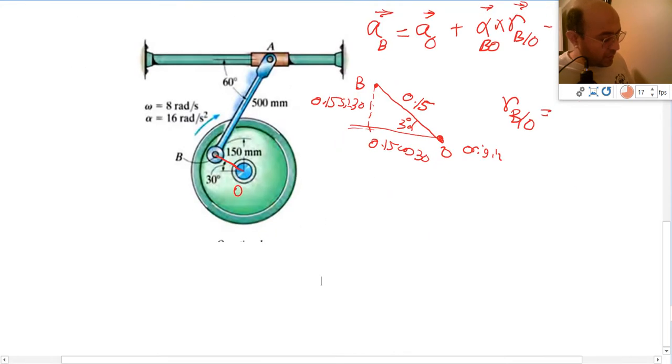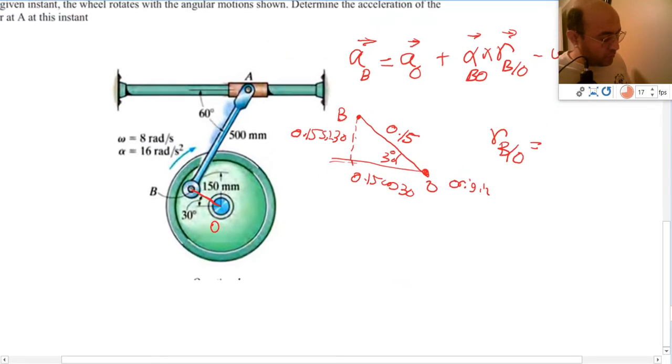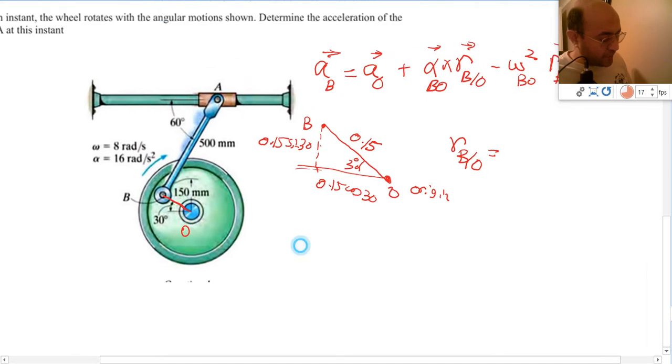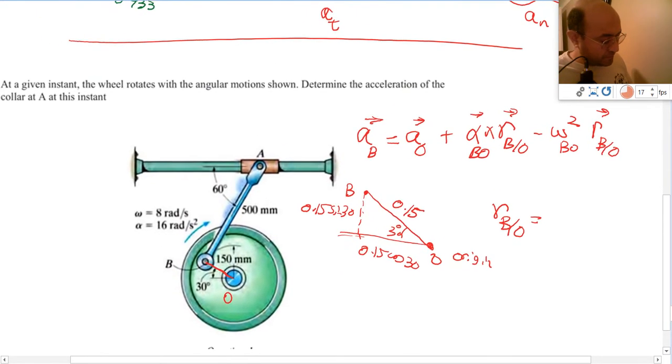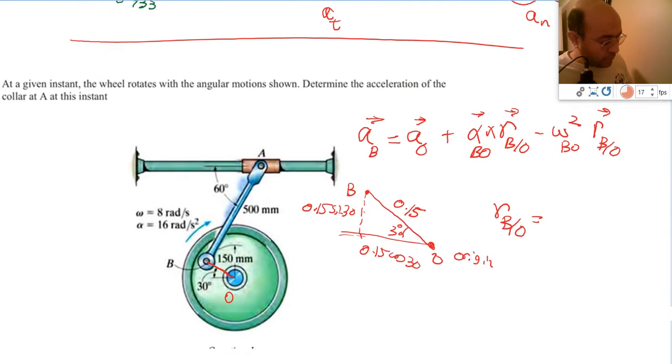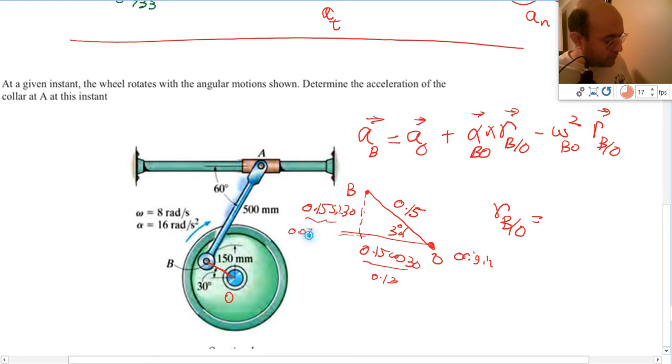And 0.15 cosine 30 is 0.13. So if I go from O to B, I go back in the I as 0.13 I. On the Y, I'm going to go plus 0.075 J. You go up.